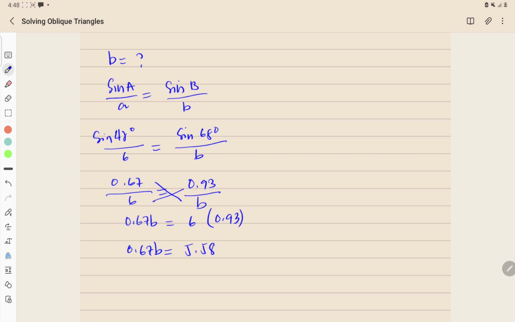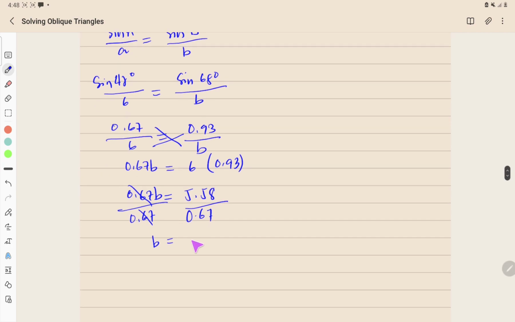In order to solve for b, divide both sides of the equation by 0.67. Cancel 0.67, so you get b is equal to 5.58 divided by 0.67, and you get 8.33 as the value of b.